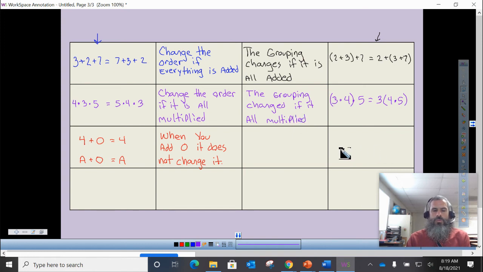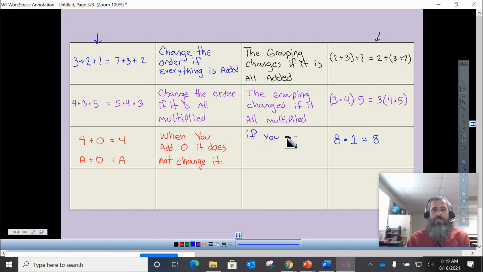This one is your multiplicative identity, and the multiplicative identity says that if you multiply by this number, it will not change the number. So what can we multiply by and it's not going to change it? Yep. So if you multiply by 1, nothing changes.